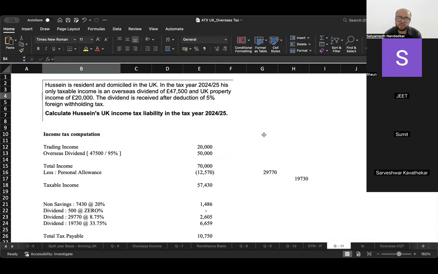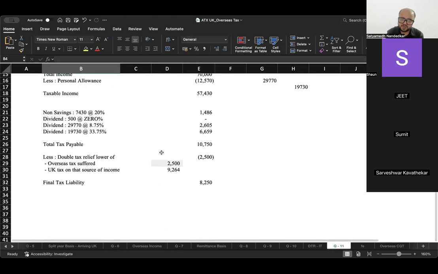Now, to calculate his UK income tax liability, you first have to calculate total tax in the UK including the overseas income, that is your total liability. Then the DTR will be the lower of tax suffered overseas, 50,000 into 5%, which is 2,500, and UK tax on overseas income, which we know how to calculate. First calculate total tax on income including overseas income, then total tax on income excluding overseas income.